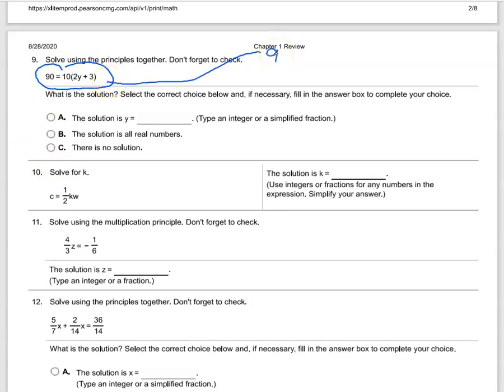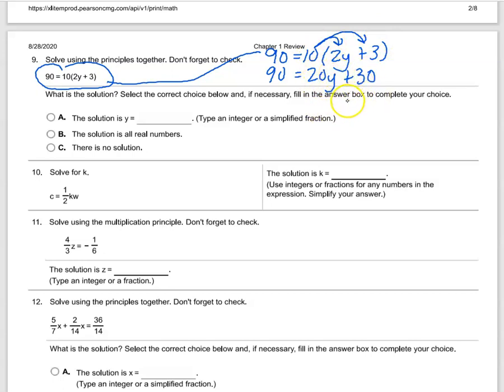So I haven't been checking these, but I'm going to show you how to make sure you know how to check on this one. 90 is equal to 10 times 2y plus 3. So we would use the distributive property. So 90 equals 20y, and then 10 times 3 is going to be 30.